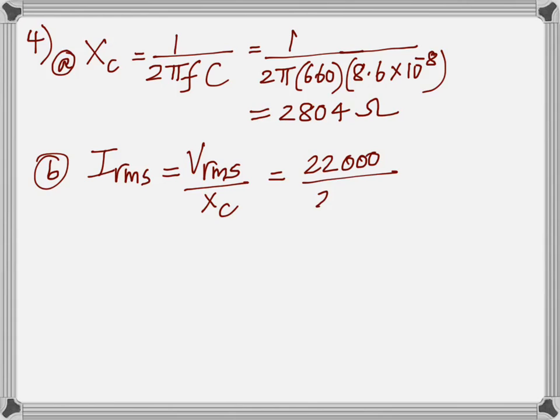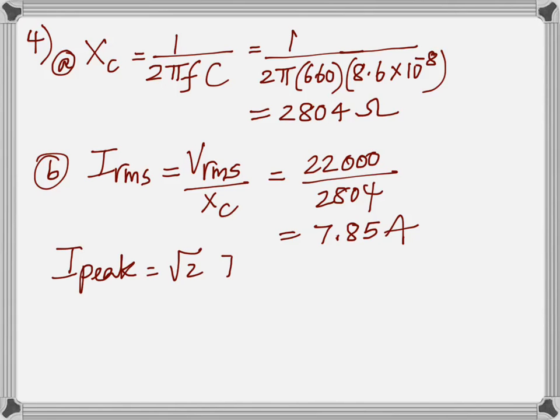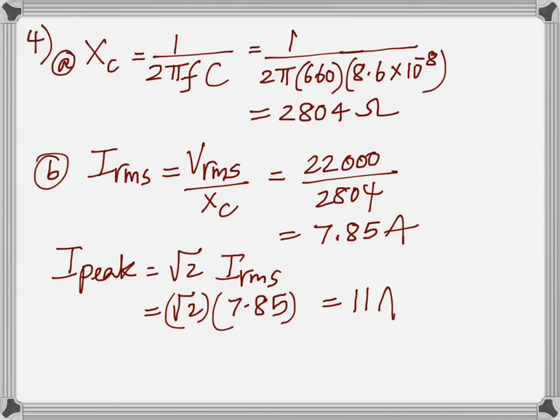The RMS current is always the RMS voltage by XC. And peak is square root 2 times the RMS. 11 amperes, and of course the frequency does not change, so whatever is the frequency of the voltage, the same will be the frequency of the current.